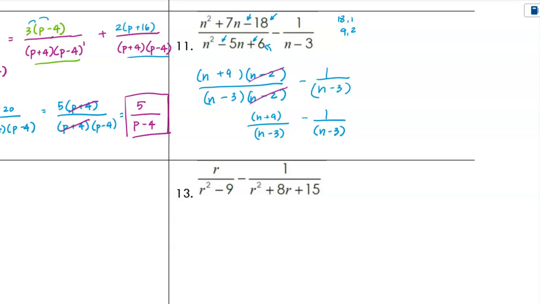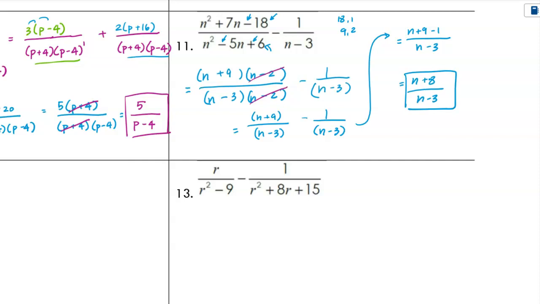We didn't need to do anything further. Okay, so we have an n plus 9 minus 1 and an n minus 3. So we end up with an n plus 8 over n minus 3. And that's the final answer. Okay, good job, guys.